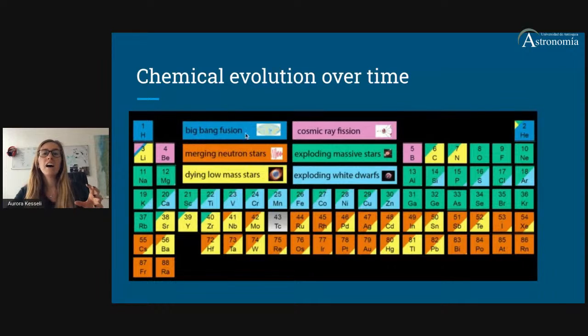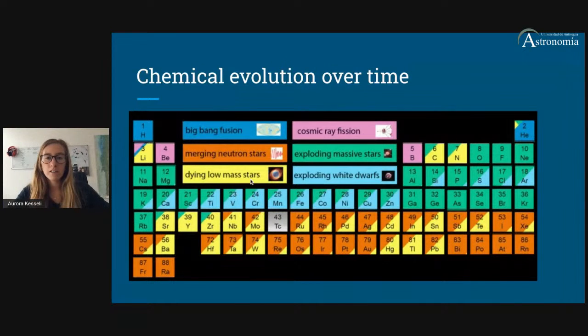But then in order, high mass stars have much shorter lifetimes than low mass stars. And so high mass stars are going to be the first thing that's going to enrich the gas and the dust of the universe. So everything colored in green is going to be one of the first things to enrich the gas and the dust.